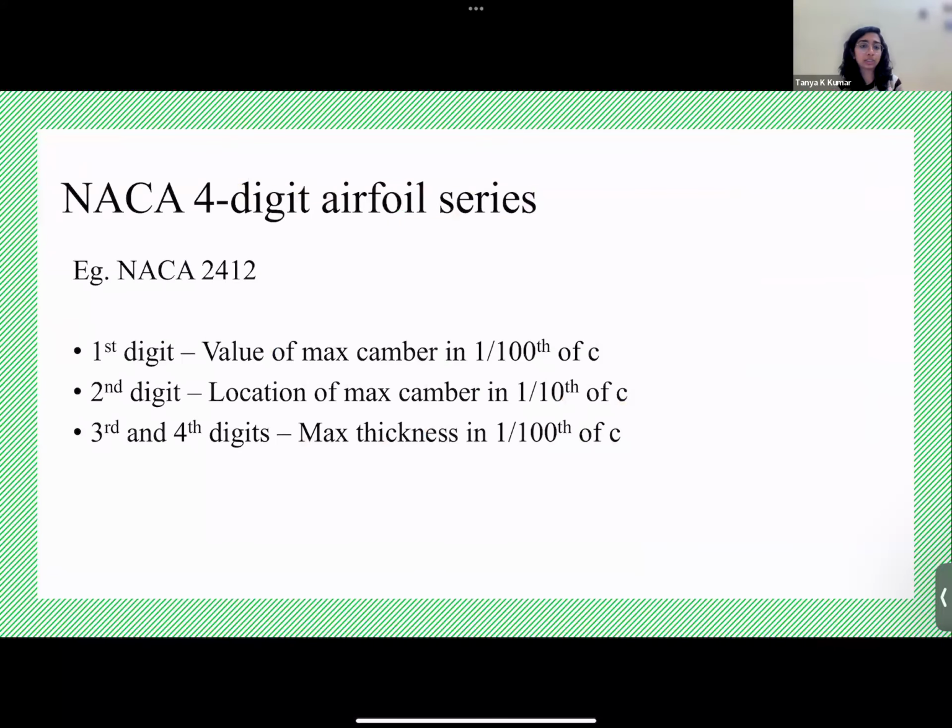Now let's discuss the various NACA series, NACA 4, 5, 6 series, and what each digit means. We'll go over this with examples so that it's easy to understand.